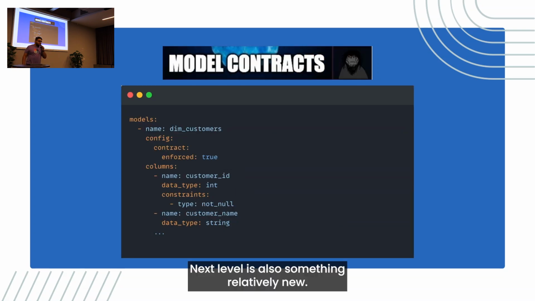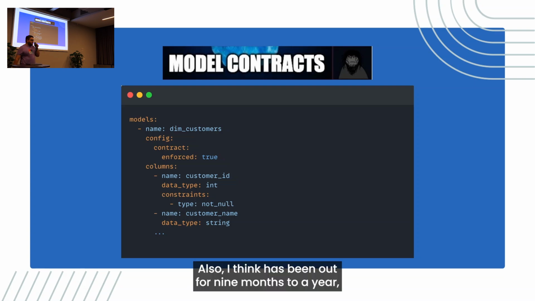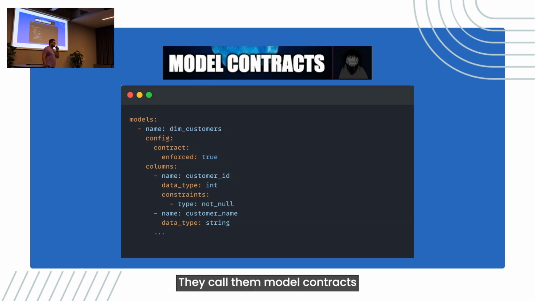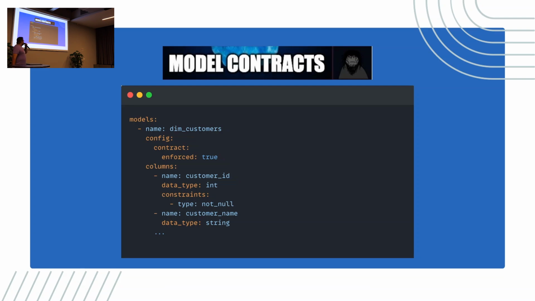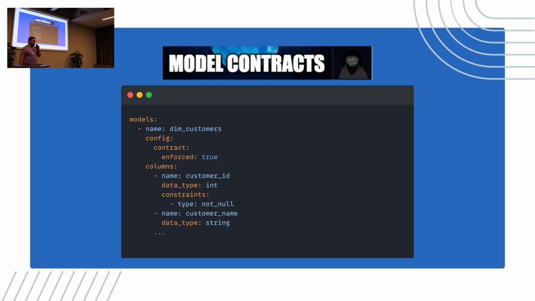Next level is also something relatively new. I think it has been out for nine months to a year, which is data contracts. They call them model contracts because they're a bit more general. So essentially, you're already documenting your models, ideally, in a YAML file.